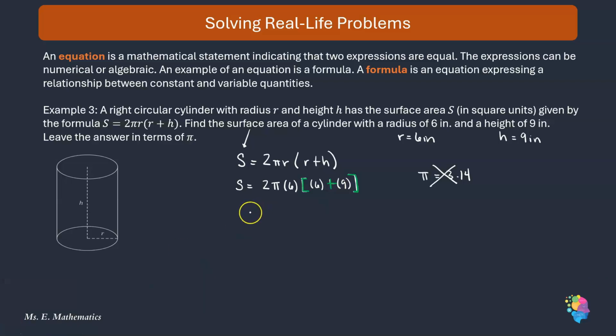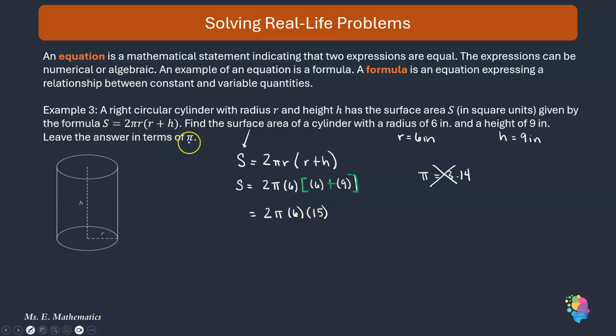So then this is equal to 2 pi times 6, and then 6 plus 9 will be 15. But since there is no symbol right here outside, it means that they want us to multiply this 6 with whatever this is going to give us.